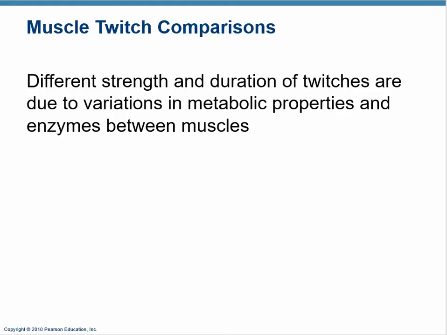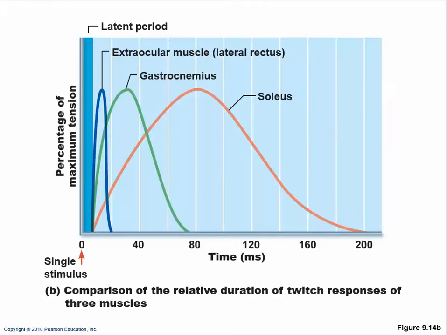Sometimes there are very fast twitch fibers, and we use them for extreme control. Sometimes there are very slow twitch fibers, which we use to maintain things like posture. And most muscles fall someplace in between.